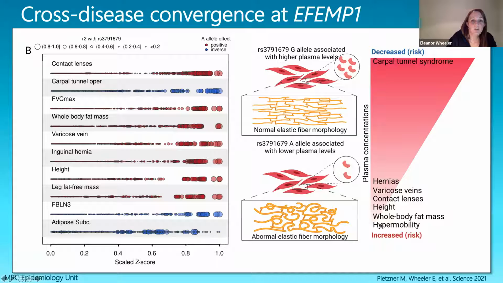What we see here is that the common A allele at this pQTL is associated with lower plasma levels of fibrillin 3. Lower plasma levels are actually associated with abnormal elastic fiber morphology. So we have lower plasma concentrations and increased risk of hernias, varicose veins, height, whole body fat mass, and hypermobility.